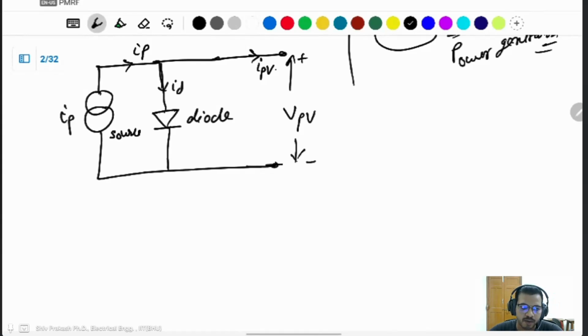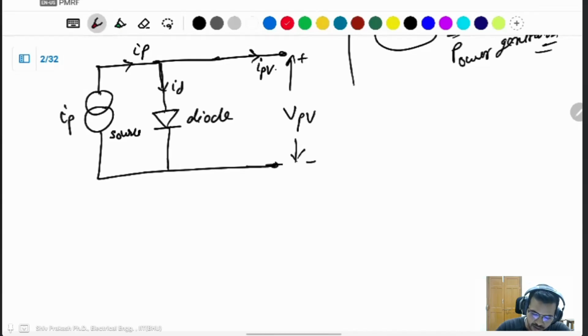This is the representation of the PV cell. A simple PV cell is represented like that. It will be ideal in ideal cases. In practical cases, some resistances are also there, but I talked about the ideal case.